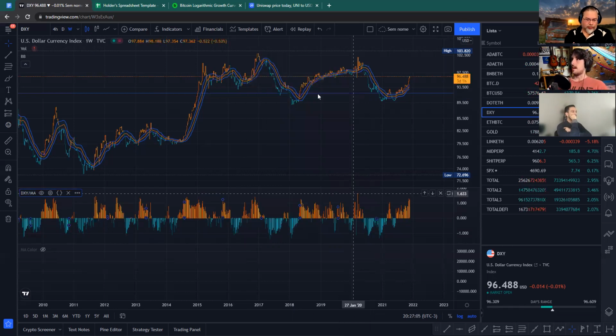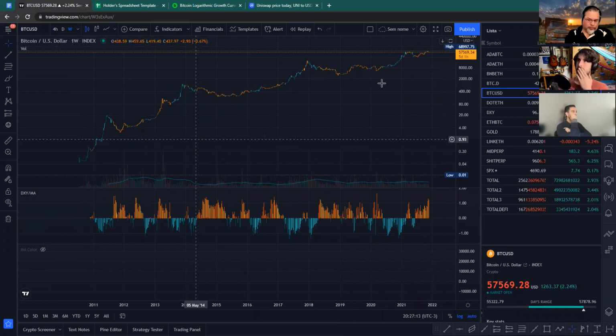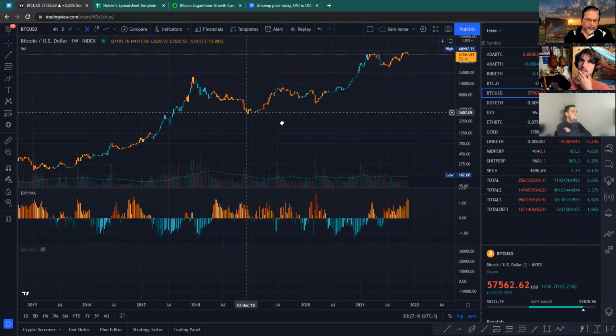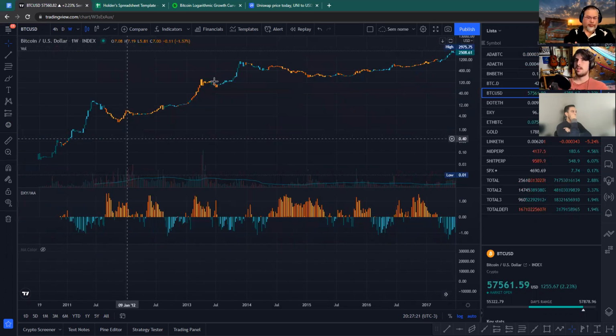Okay, now let's see how the Bitcoin chart looks in light of that. And this is also a pretty interesting thing that we can see, that usually when the US dollar is trending down, it potentializes a move up in Bitcoin, right?